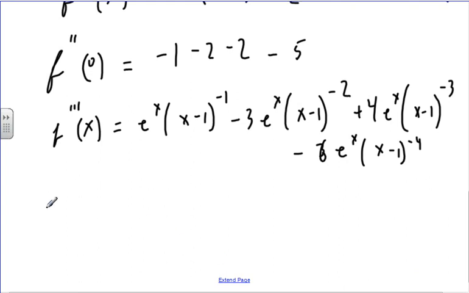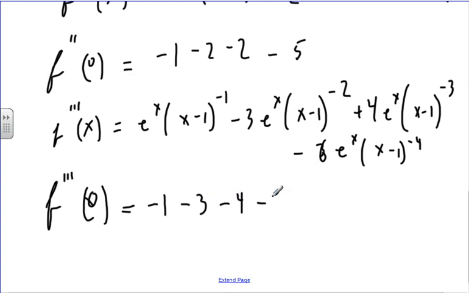Hope I did that right. The third derivative at 0: that's minus 1, this is minus 3, that's minus 4, that's minus 6, for a minus 14? I guess so.